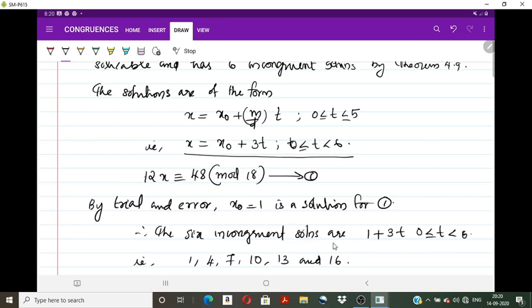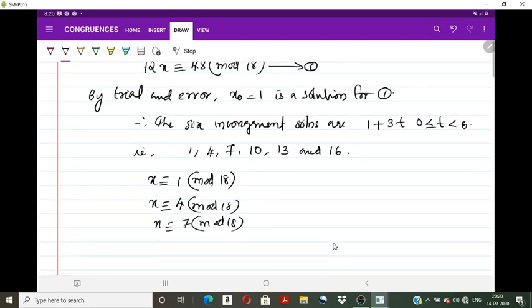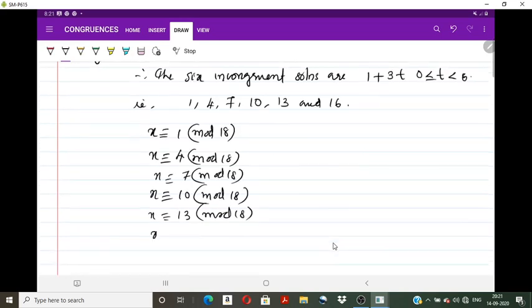So the incongruent solutions are x congruent to 1 modulo 18, x congruent to 4 modulo 18, x congruent to 7 modulo 18, x congruent to 10 modulo 18, x congruent to 13 modulo 18 and x congruent to 16 modulo 18. These are the 6 solutions.